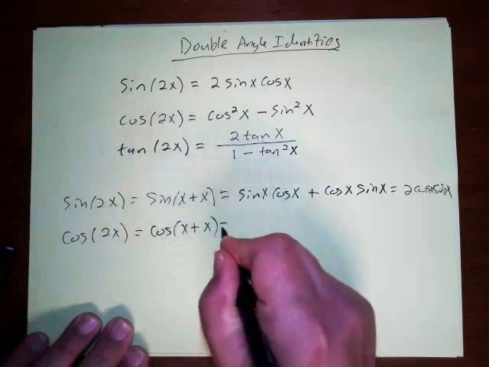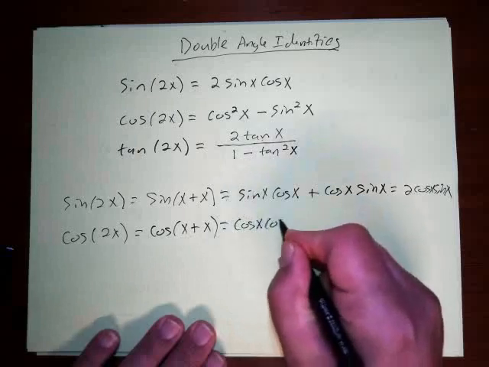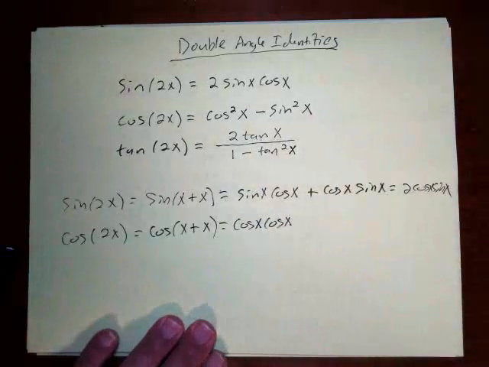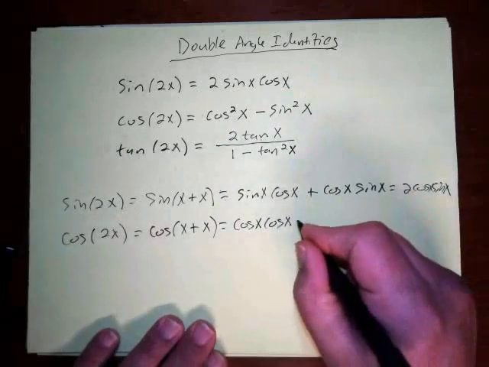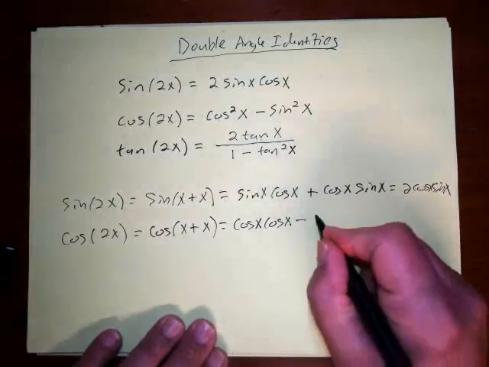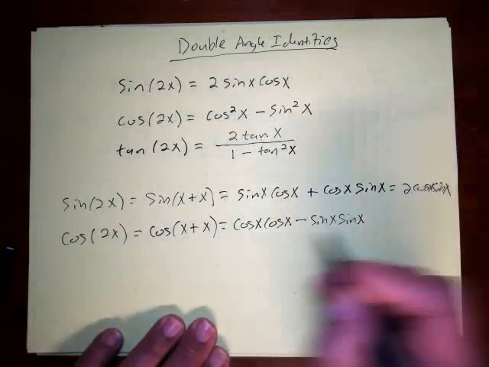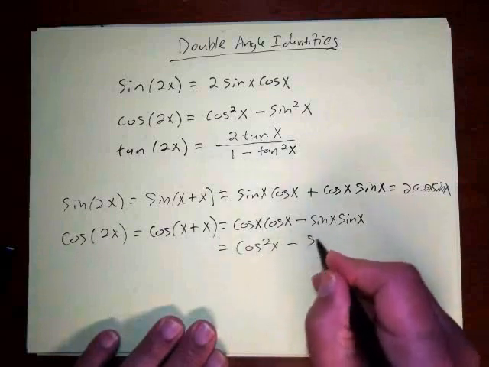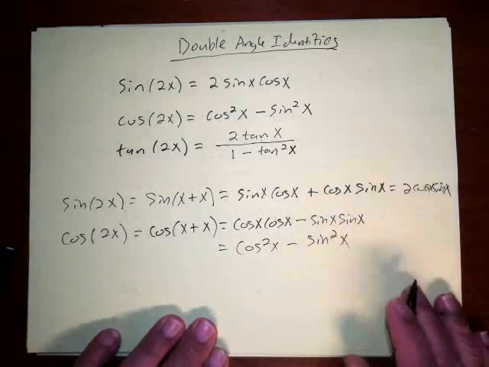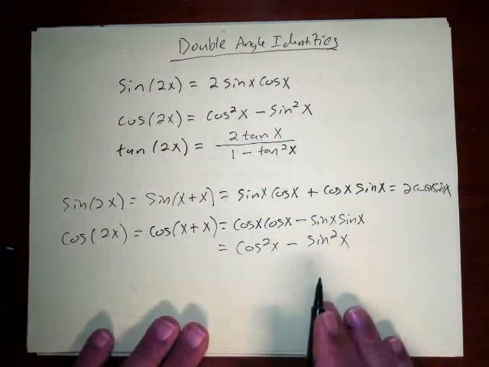They're both x's, and so I would get cosine x cosine x, and then it would be the opposite sign, so it would be minus, and then I would have sine x times sine x. And that's of course cosine squared x minus sine squared x. And so these are pretty easily derived from these sum difference identities.